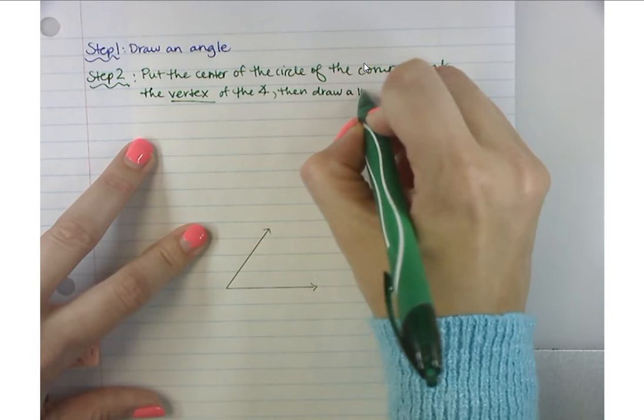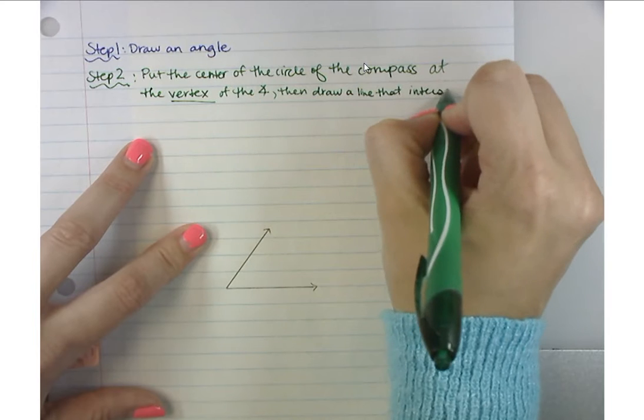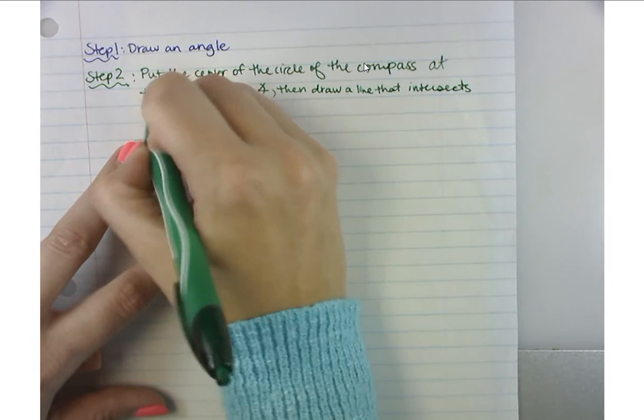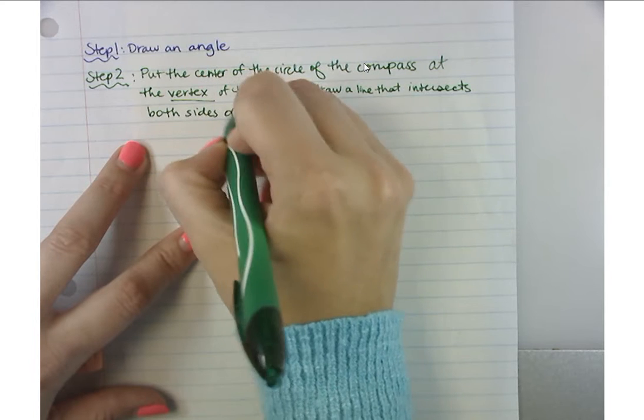Then draw a line that intersects both sides of the angle.